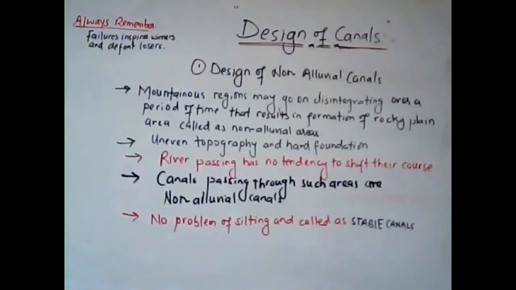Thus, the canals passing through such areas, having uneven topography and hard foundations, are called non-alluvial canals or channels. In these canals, there is no problem of silting, and thus they are known as stable canals.